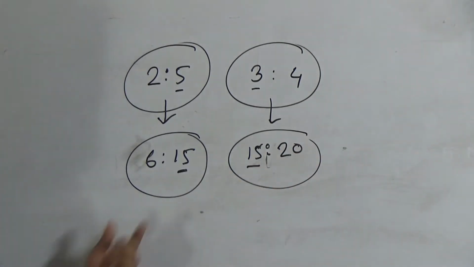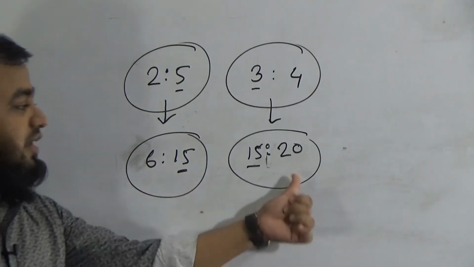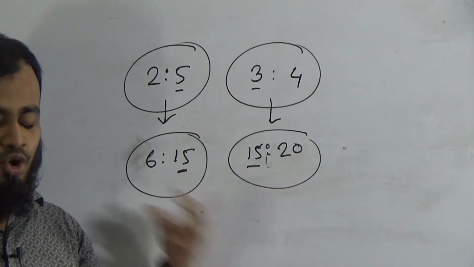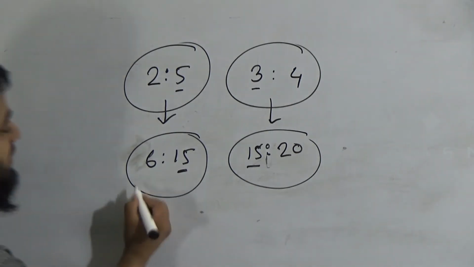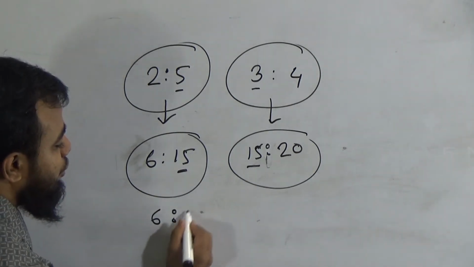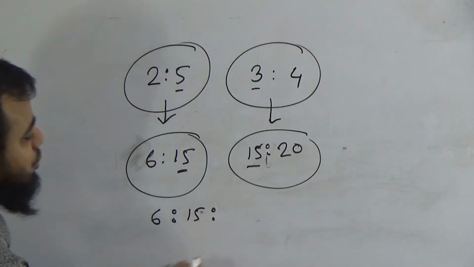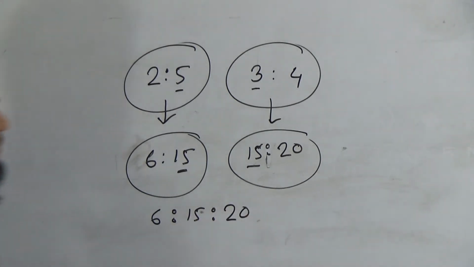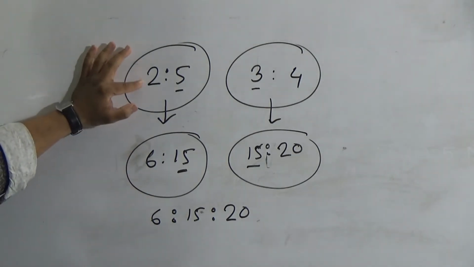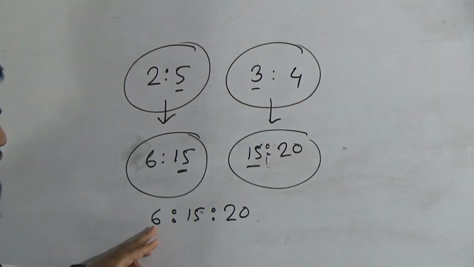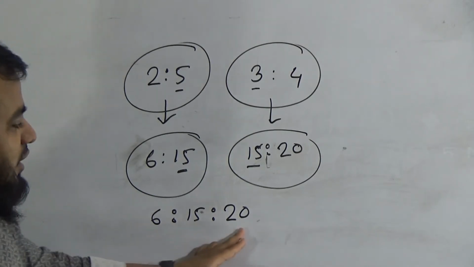That means the first ratio's subsequent and the second ratio's antecedent are equal to each other. So we can convert it now into a single successive ratio. That means this ratio will be 6 is to 15 is to 20. So the successive ratio of the given ratios 2 is to 5 and 3 is to 4 is equal to 6 is to 15 is to 20.